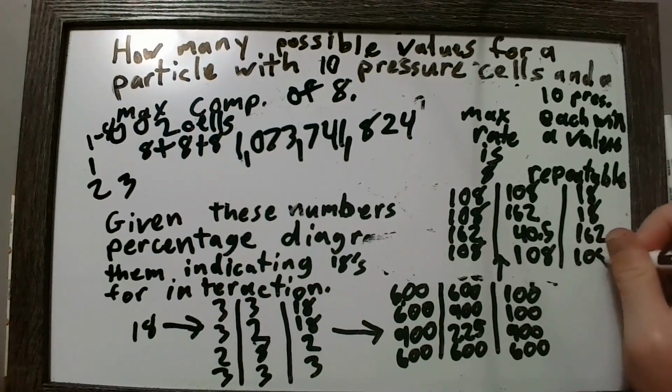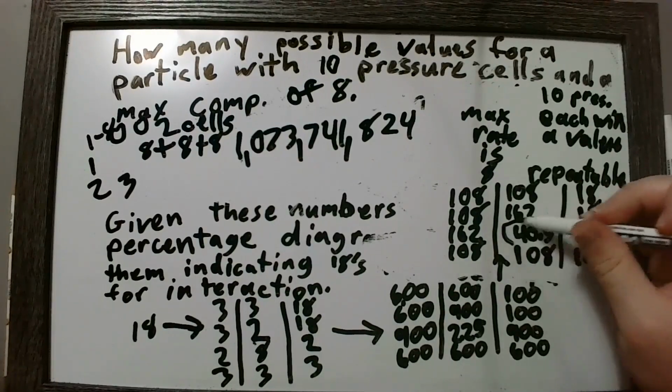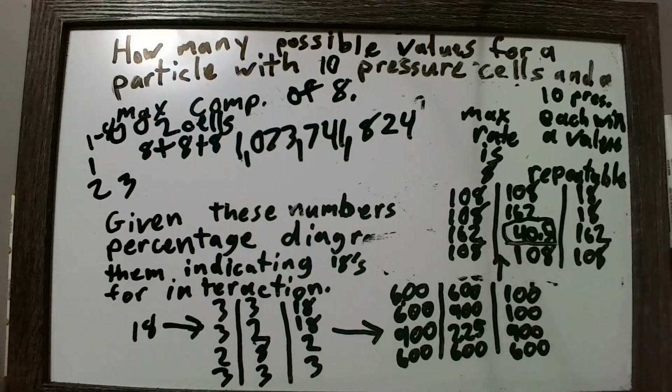So these are distances. As you notice, this value is a decimal. And so as we know, rates cannot be decimals or fractions for that matter, we know that these are distances and not actual rates.